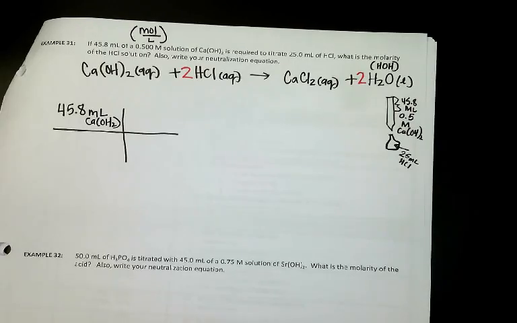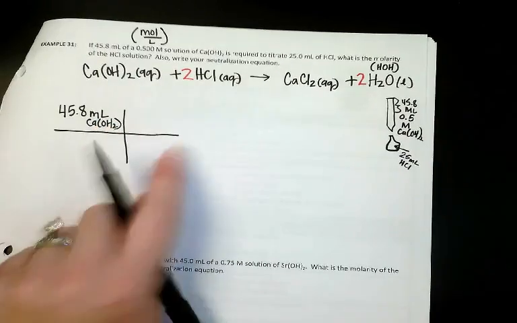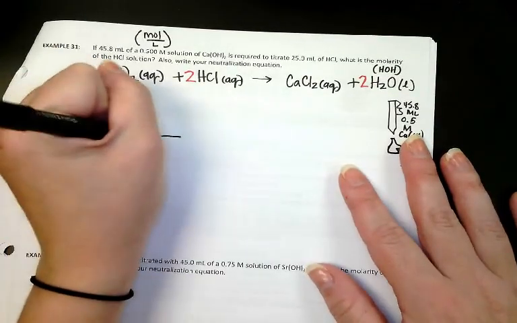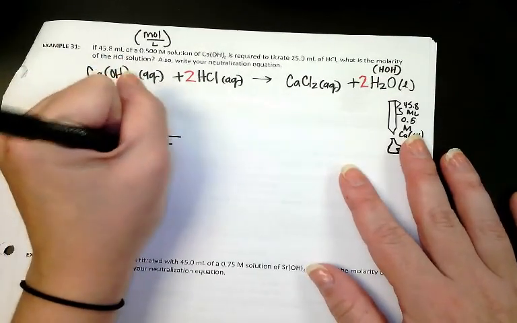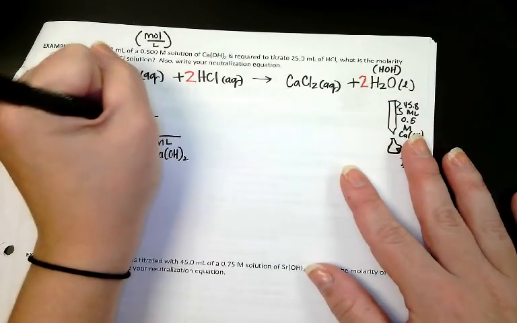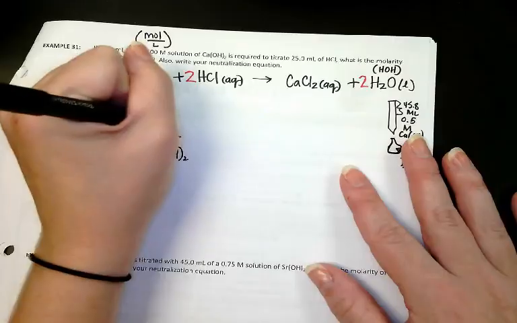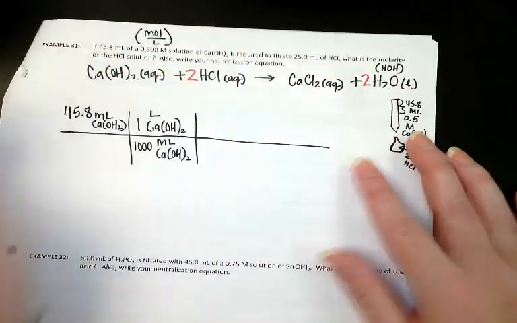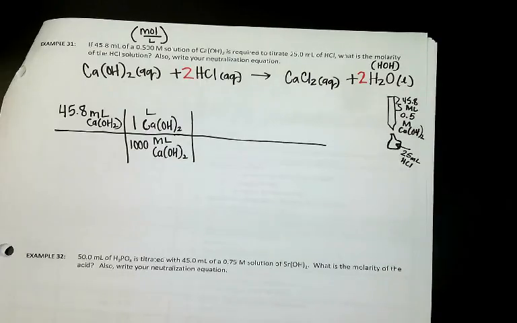Well, before I can go from liters to moles, I need to go from milliliters to liters, correct? So I'm just going to do it the old-fashioned way. 1,000 milliliters of calcium hydroxide and 1 liter of calcium hydroxide. Now that's my first conversion. And again, I like to do all of my stoichiometry together. Makes things neat.